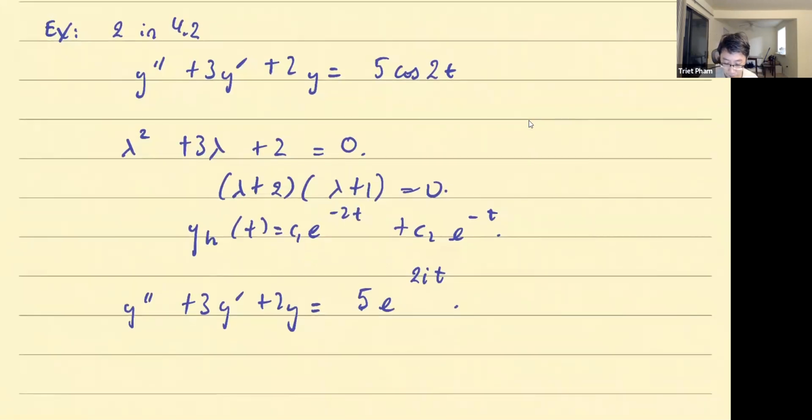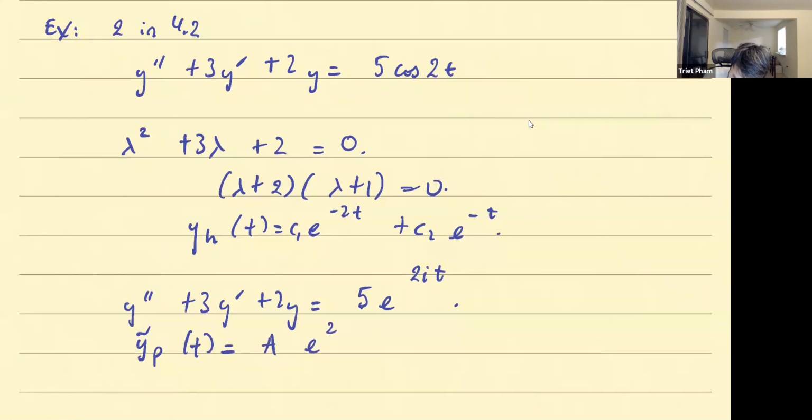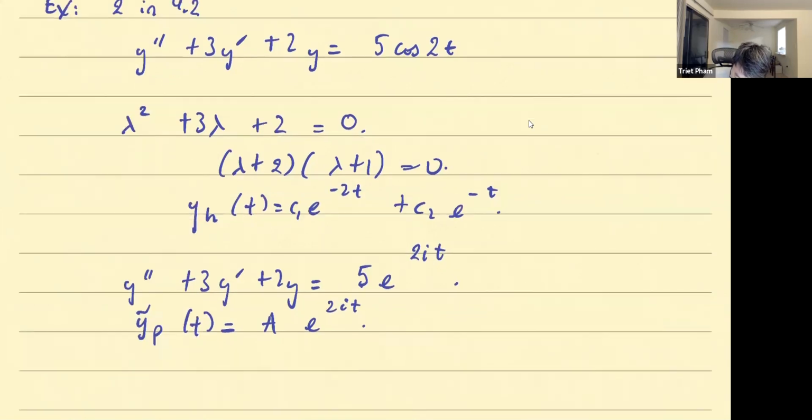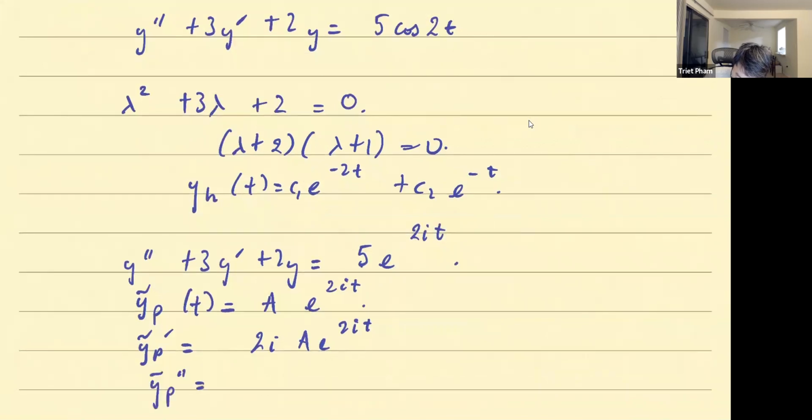And so the guess, y tilde p, will be a e to 2it. All right. And so plug in: yp prime is 2i a e to 2it, and the double prime is -4 a e to 2it. Okay.